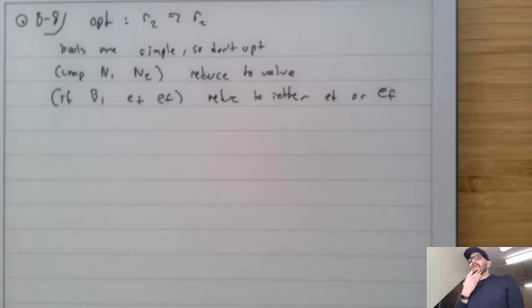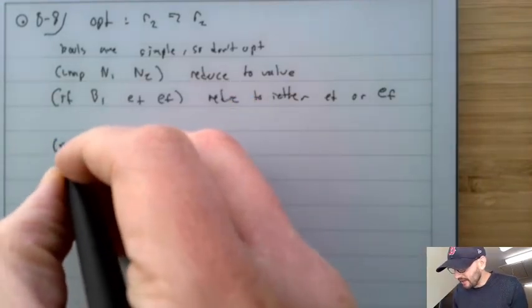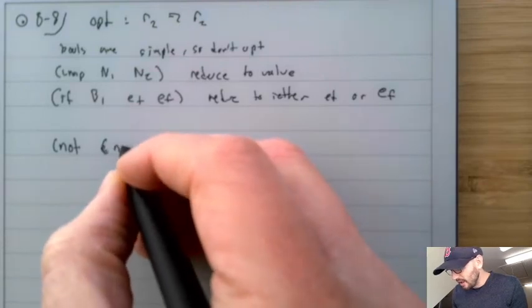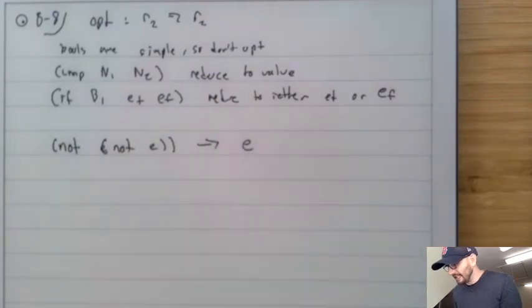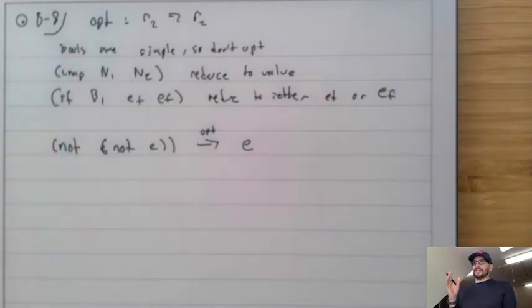What other operations can we do? Here's something that you might think that we could do. If you saw a not of E, then you could turn that into just E. So that is a good optimization that we can think about. However, here's a question. Remember, we're going to imagine that nots are desugared into if statements.